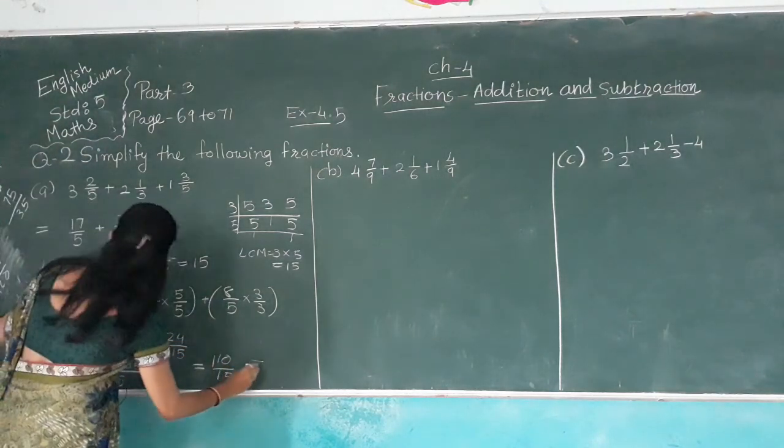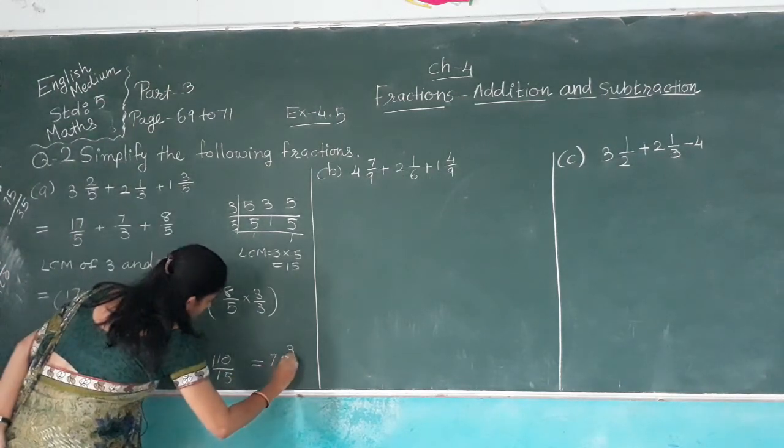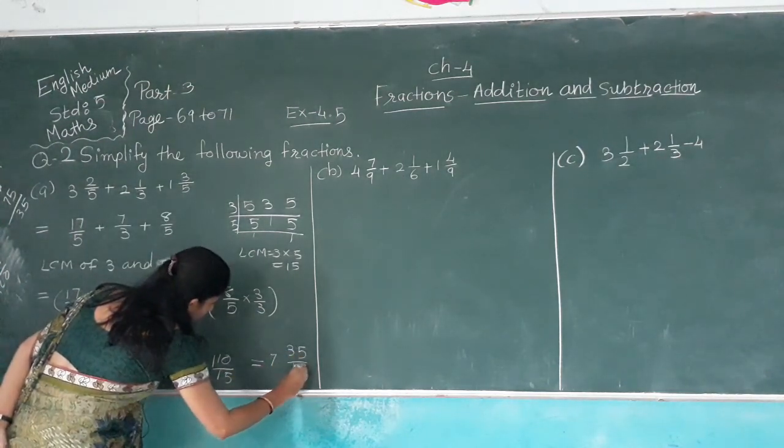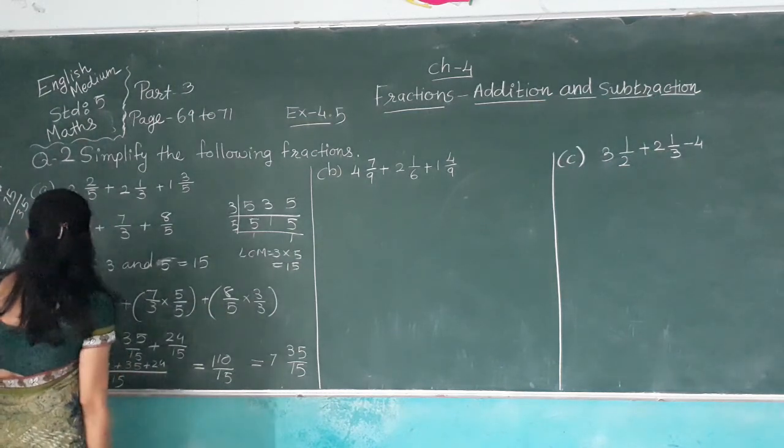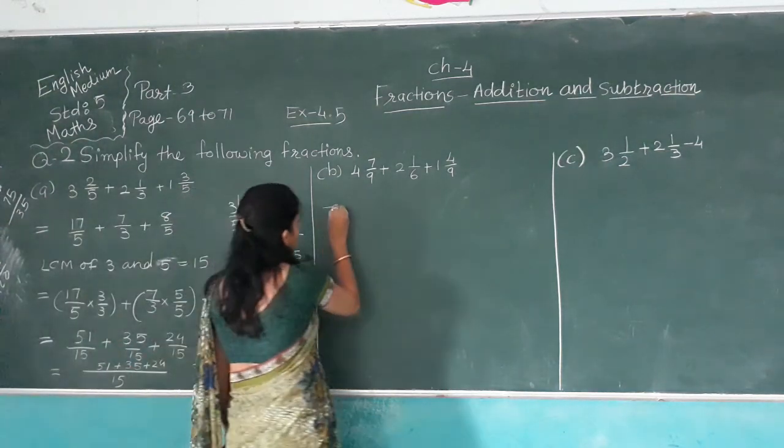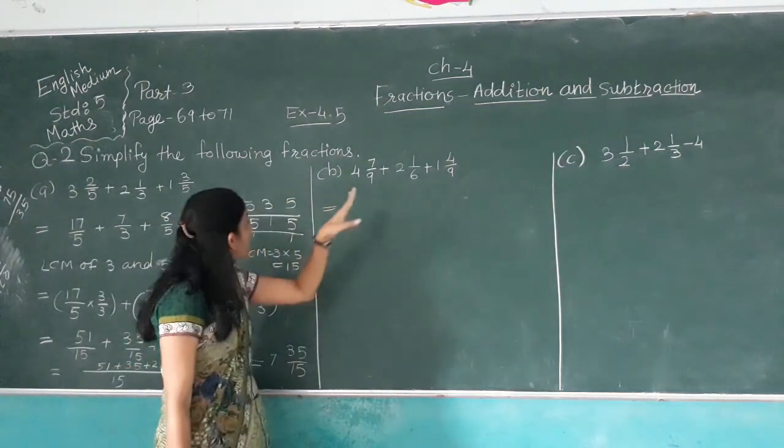We get the answer 7, 5 out of 15. Now next one, here a mixed fraction.